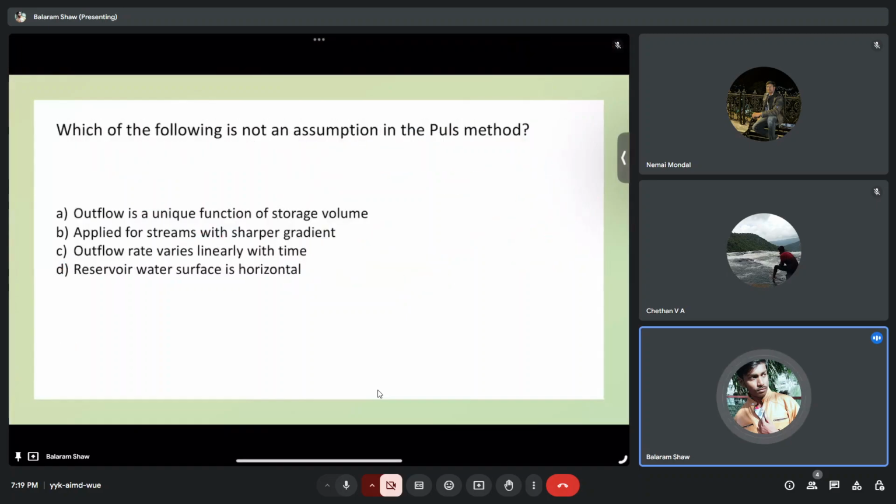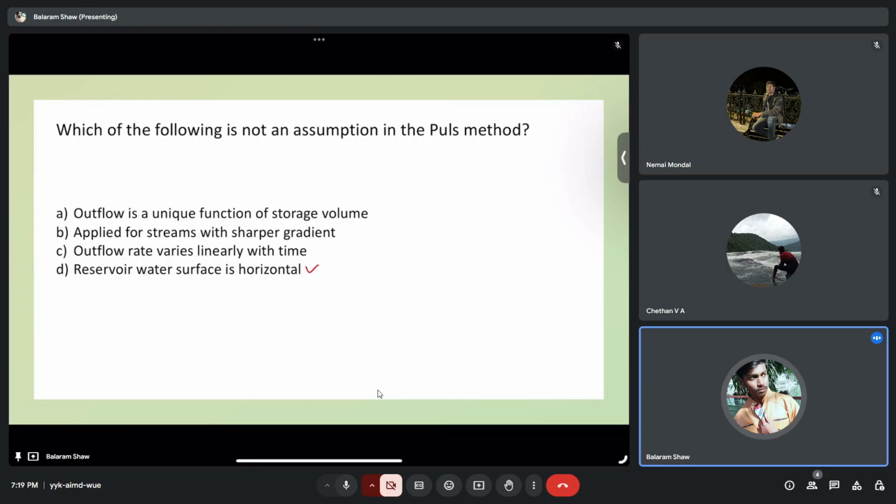Okay. So the next question is, which of the following is not an assumption in the Puls method? We just did the Puls method. Can you tell me which assumption is not a valid assumption in the Puls method? So we have seen that the reservoir water surface should be horizontal.